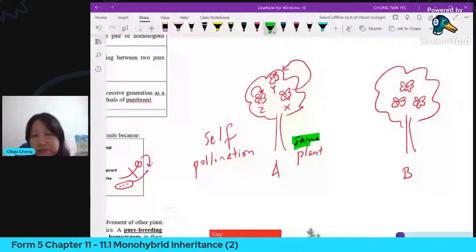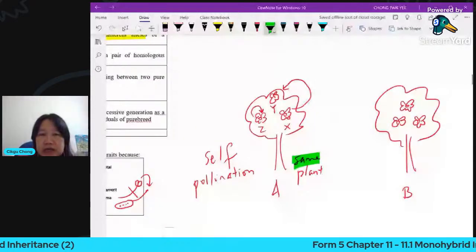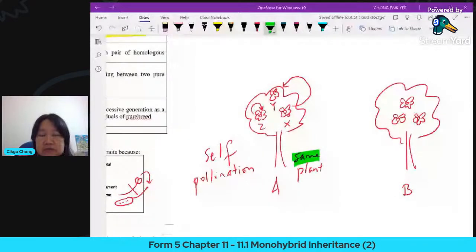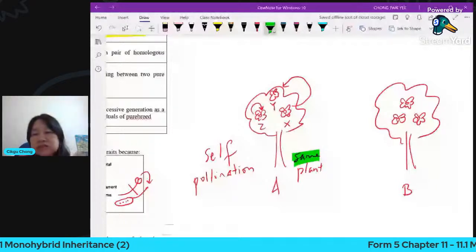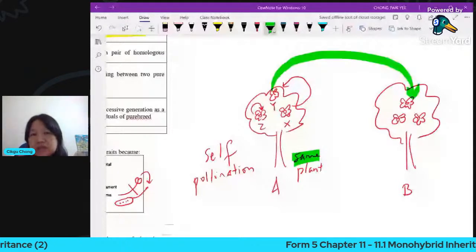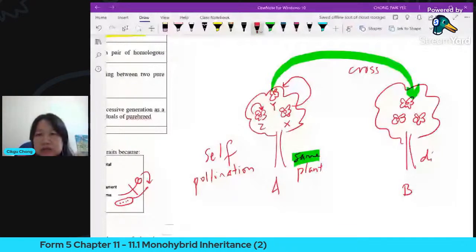Cross-pollination happens when the pollen grain of a plant, let's say from flower Y, drops onto another flower, but not onto the same plant, a different plant. Okay, so this will be considered cross-pollination. It cannot be on the same plant, so it's got to be a different plant.